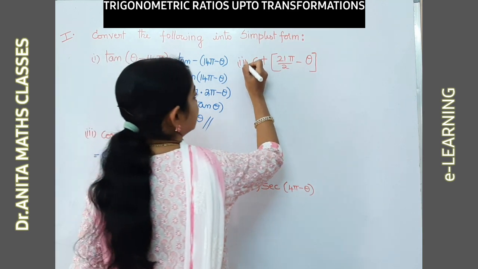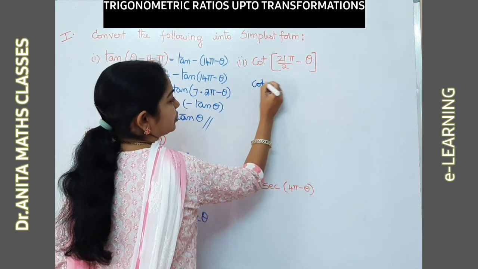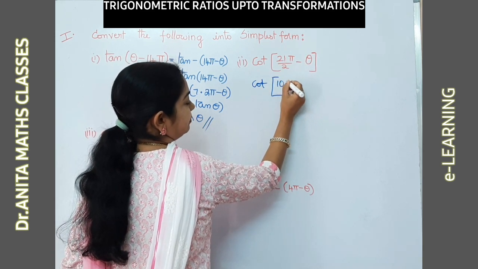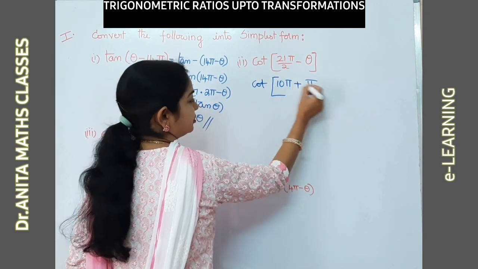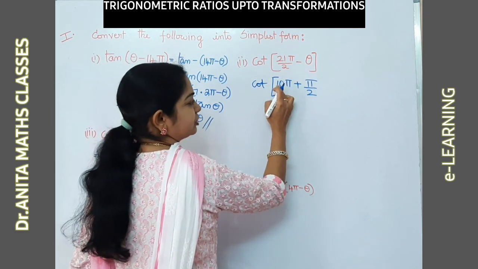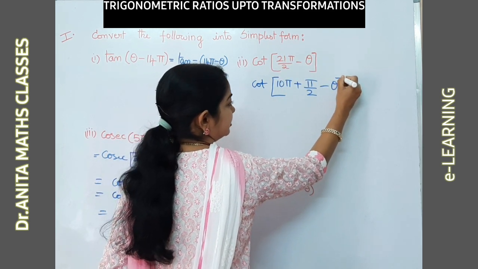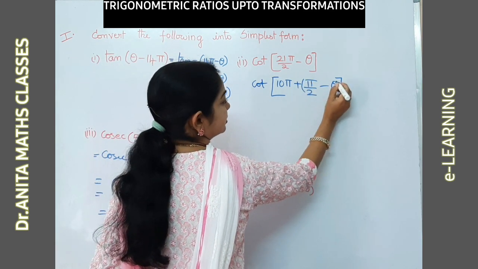Now coming to the second problem, here we can resolve this 21 pi by 2 like 10 pi plus pi by 2. So the LCM form, so this becomes 21 pi. I have resolved it like this, minus theta. So we can keep this in bracket.